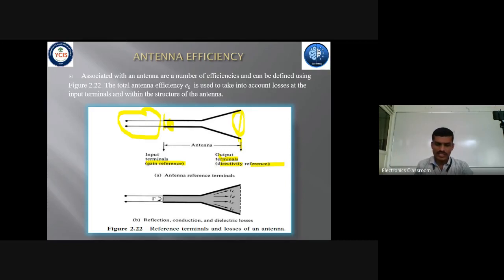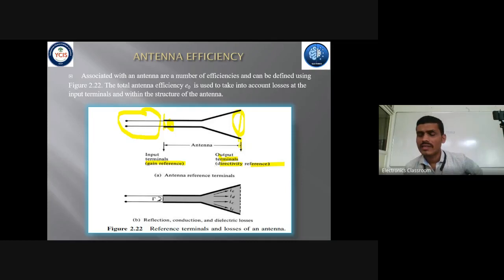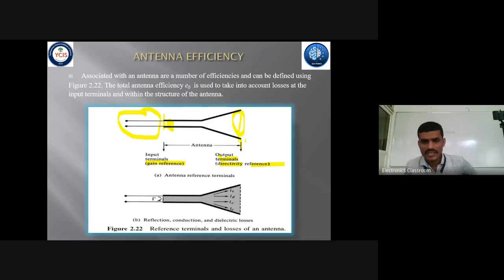It should be radiation intensity or it should be radiation efficiency. Radiation intensity, not efficiency. Okay, this is a complicated part. You should keep it in your mind. That is U. U divided by U0 is your directivity.